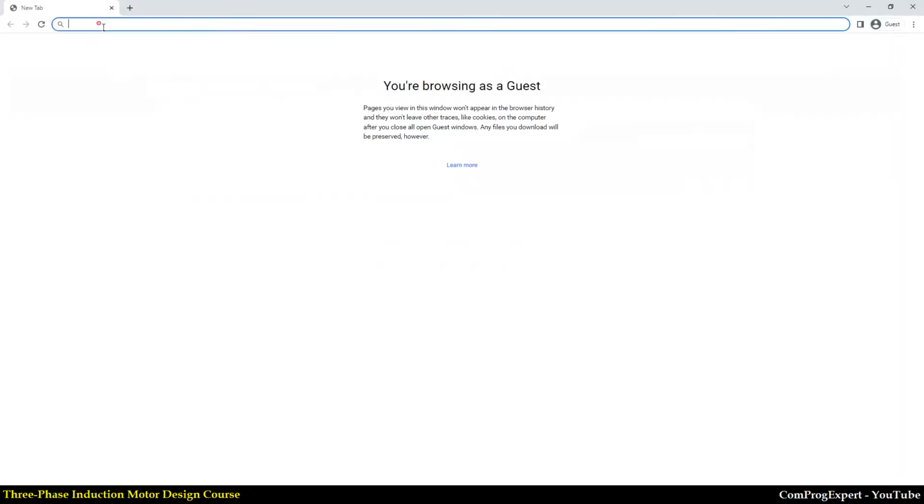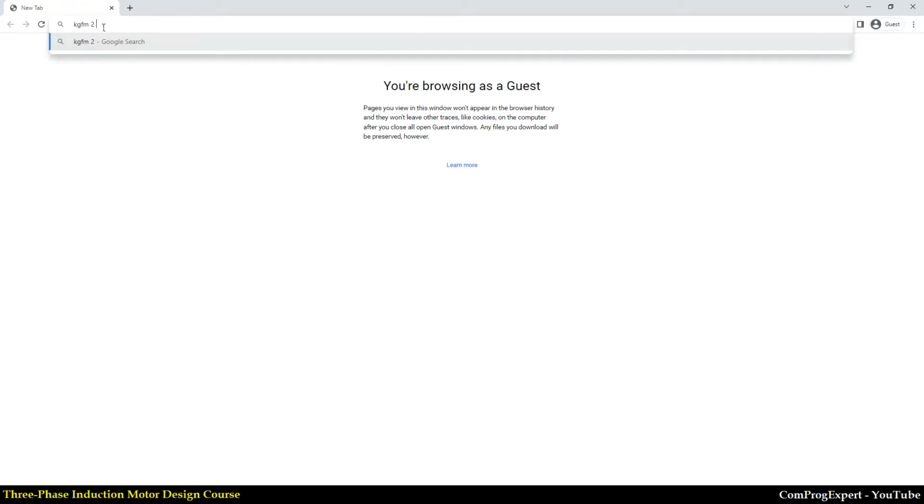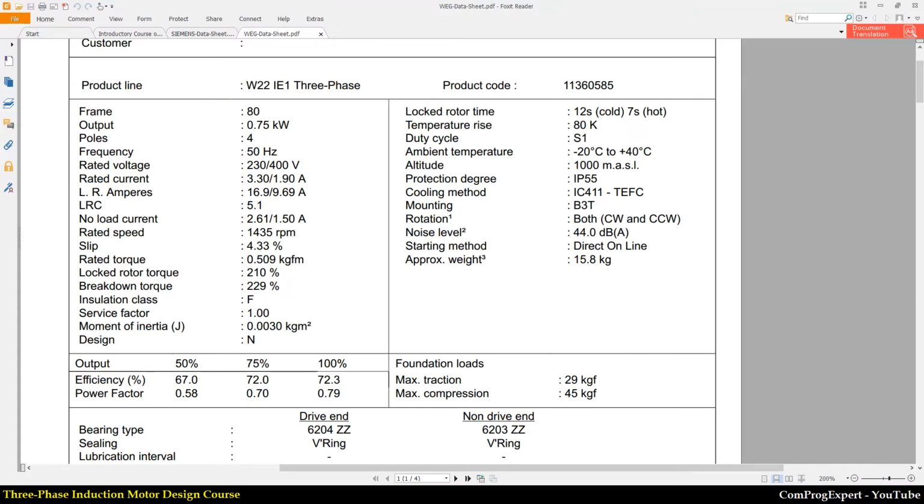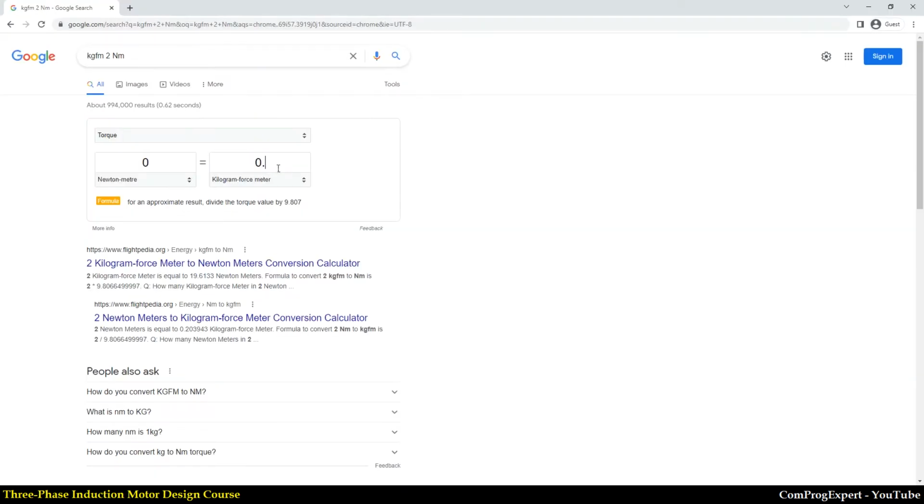Let me check. Let's write here kgfm to Newton meter. And if I write here 0.509, right, kilogram force meter, you can see the corresponding value in Newton meter unit, that is 4.99, 5 Newton meter, right?